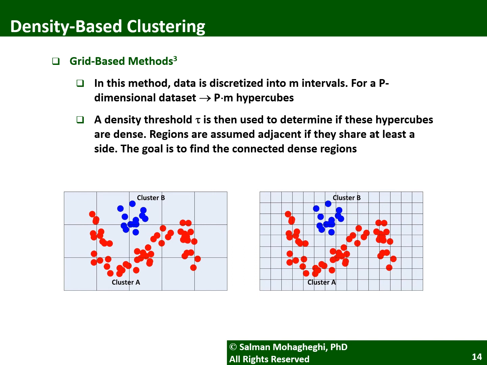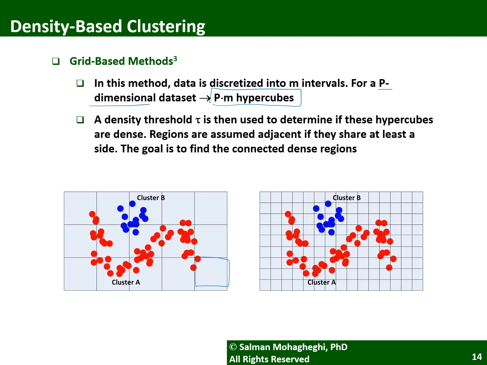Let's call those intervals m. So here, for example, I am dividing the x-axis into 5 regions and the y-axis into 3 regions. This means that if my data set is p-dimensional, I will have m to the power of p hypercubes. In this case, it will be squares, but if it's higher dimensional than 2, like 3-dimensional and above, you will have hypercubes.